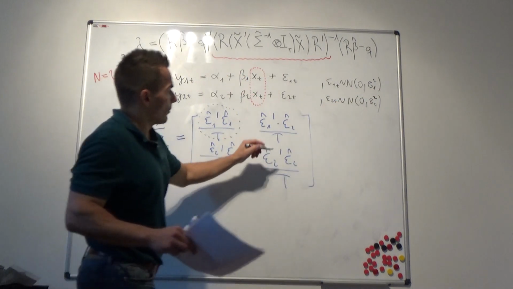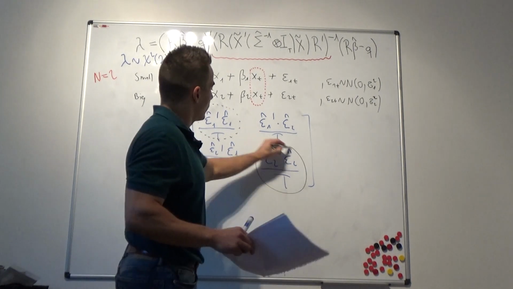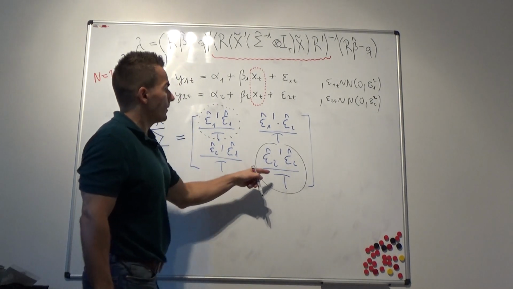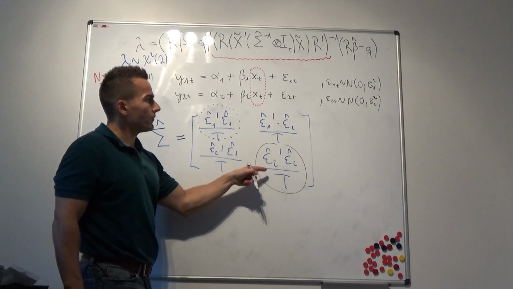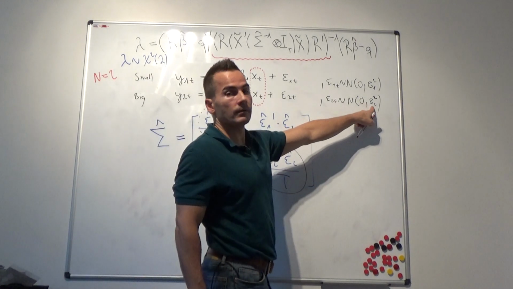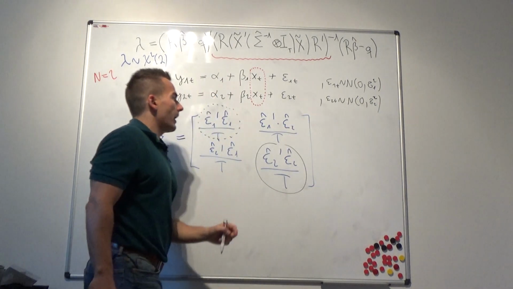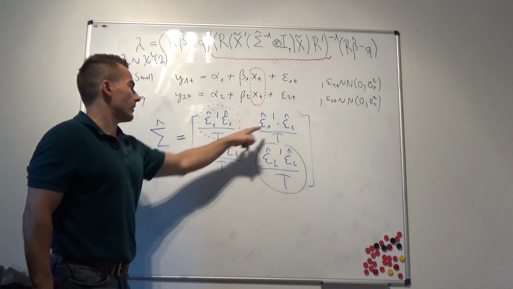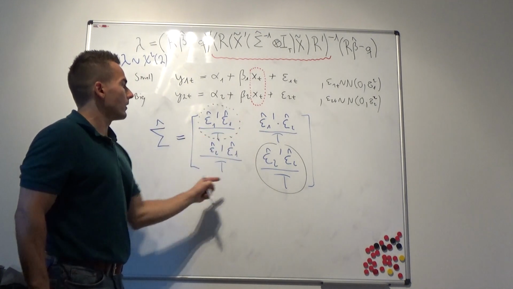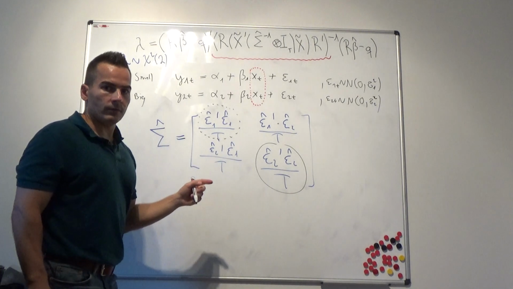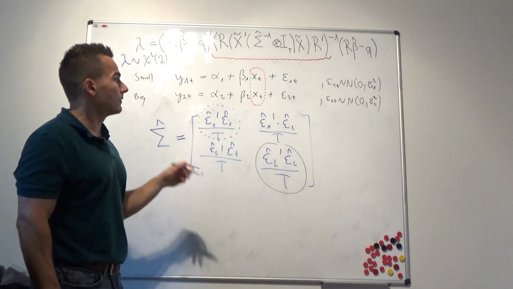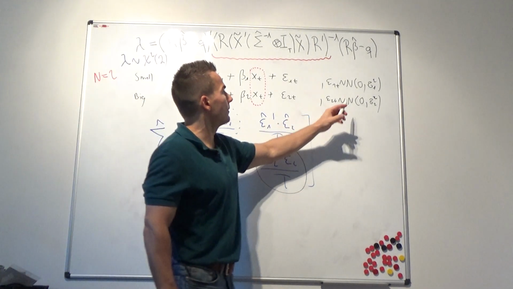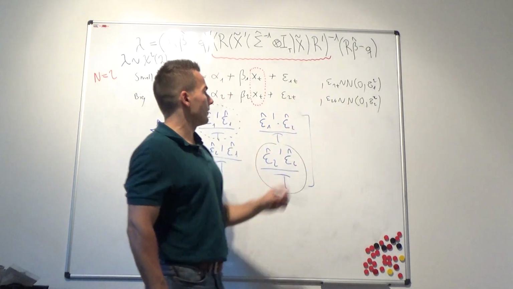The second element on the main diagonal is the residual variance of the second equation. And what is above and below the main diagonal of that matrix is the covariance between these terms.